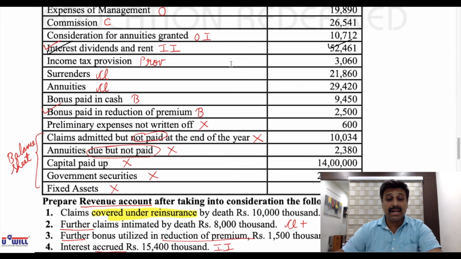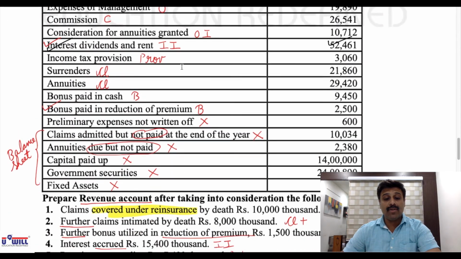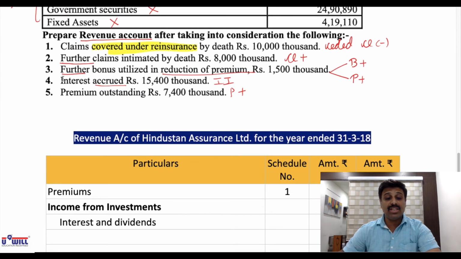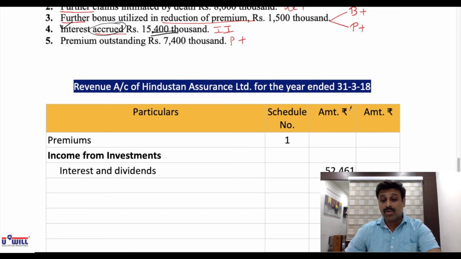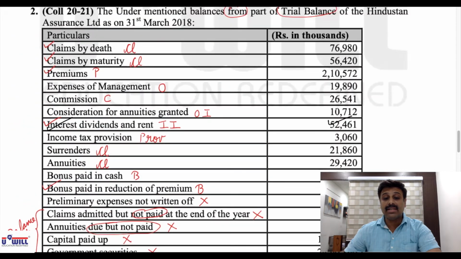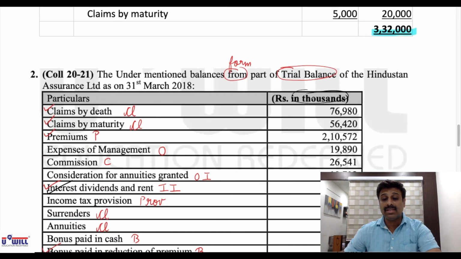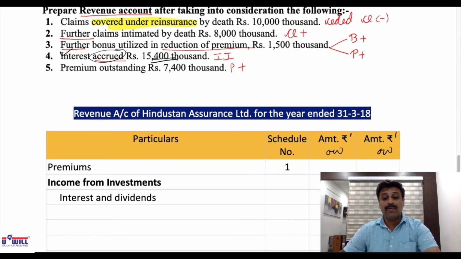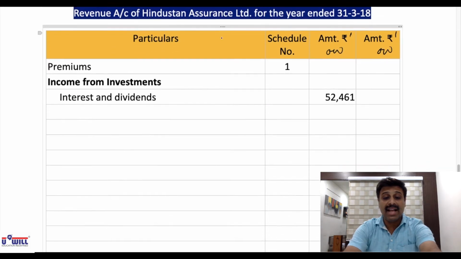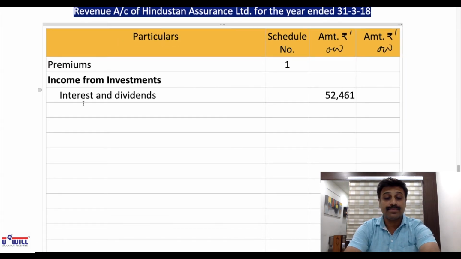Now what else is marked as II? No other item in the trial balance, but we have an adjustment where accrued interest of 15,400 we have to add. Here you all mention rupees are in thousands. All the figures in the question are given in rupees in thousands. So 15,400 we will add as interest accrued.